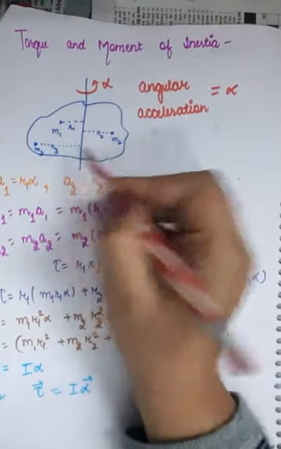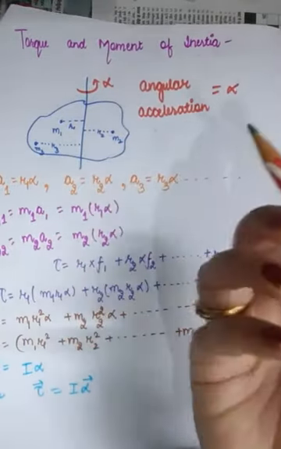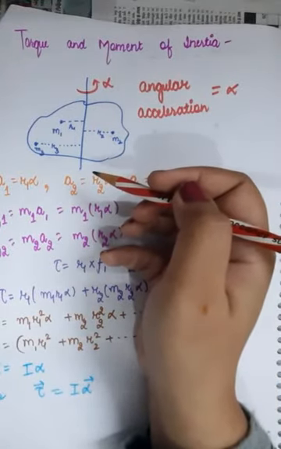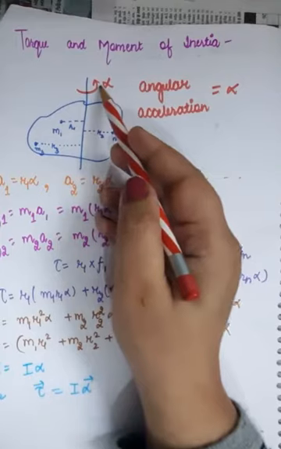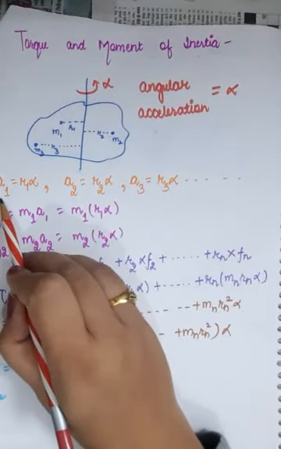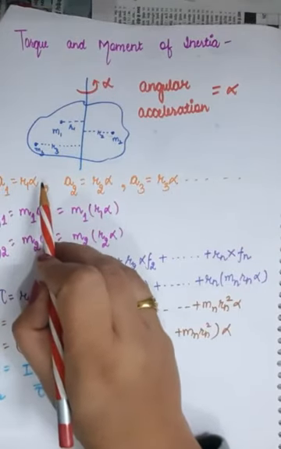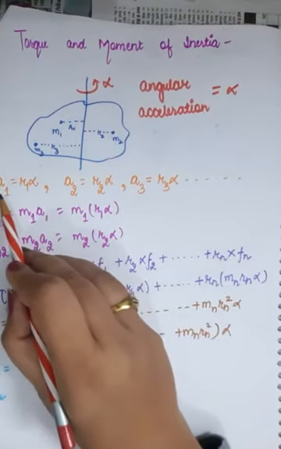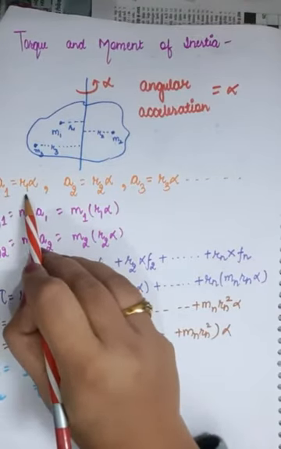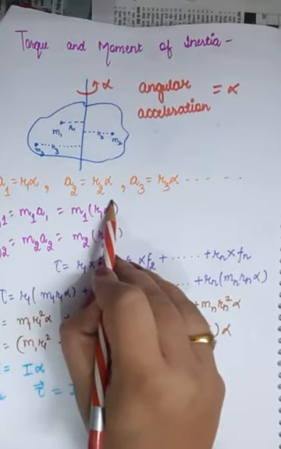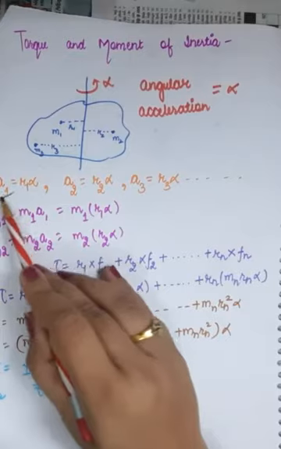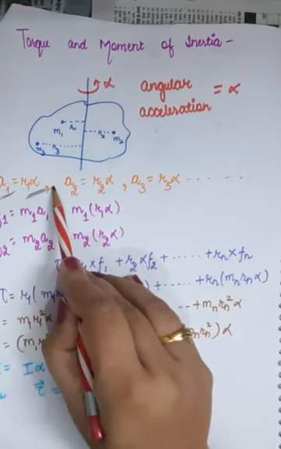And these particles which are rotating, they are rotating with their own accelerations, right? Angular acceleration is common, but linear acceleration will be different. So let's have a look at the linear accelerations of these particles. a1 equals r1 alpha, a2 equals r2 alpha, because this is the relationship between linear acceleration and angular acceleration.